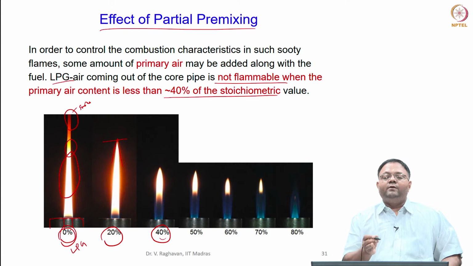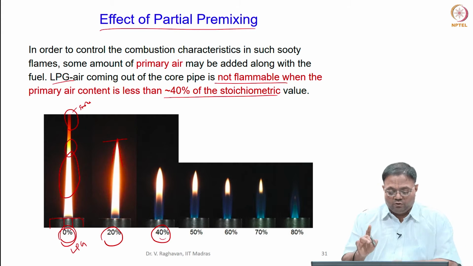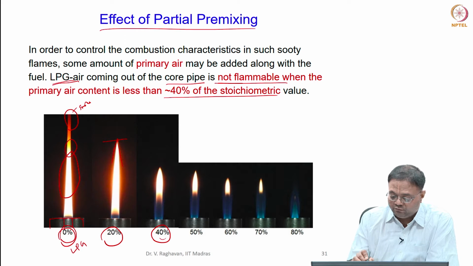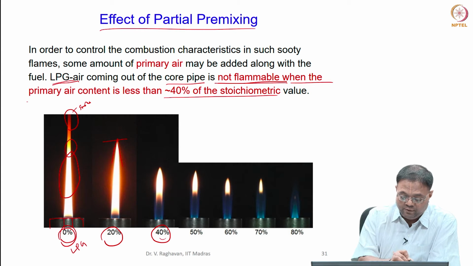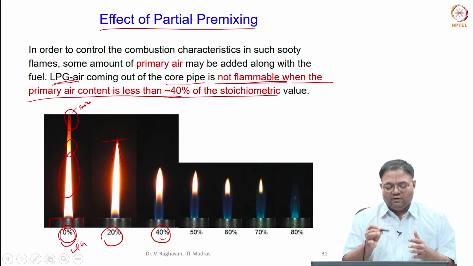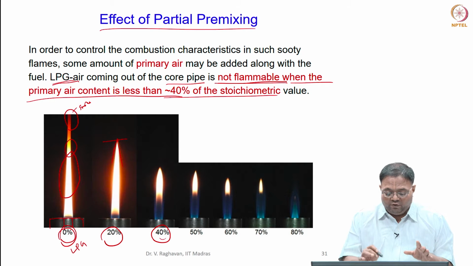When you increase the primary air more than approximately 40%, then you get a flammable mixture. So, you have to note that the LPG and air coming out of the core pipe is not flammable when the primary air content is less than around 40%. When you say around 40%, you can also take 40% into consideration, and this is not flammable.